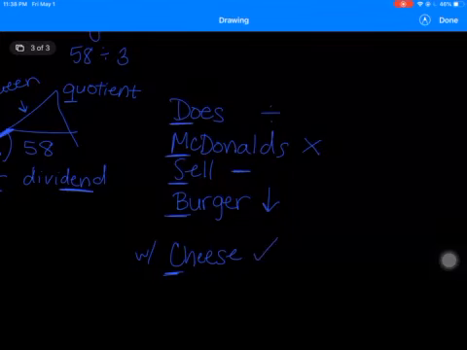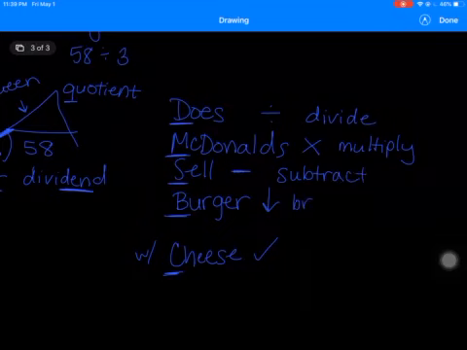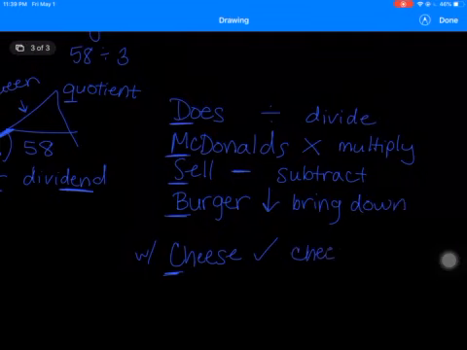Okay, so let's write those all out so that you remember. This stands for divide. McDonald's stands for multiply. The S stands for subtract. Burger stands for bring down. And the cheese stands for check.